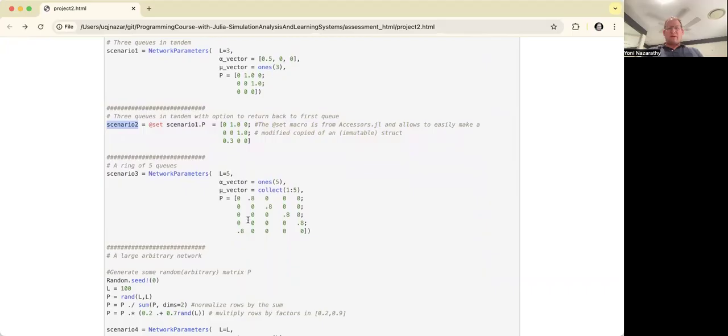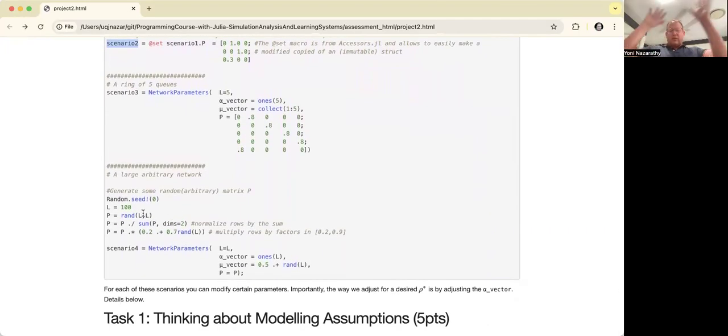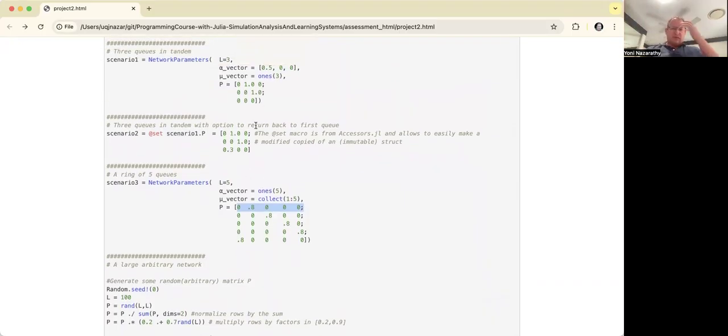Scenario 3 is slightly different, and scenario 4 is a big scenario where things go everywhere. You've got 100 stations, so we don't see what P is. But in these cases, P is like a ring network, because you can go from Q1 to Q2 with probability 0.8, or with probability 0.2 you leave. So you're circulating around, every time with 20% leaving, and so on for the other ones.